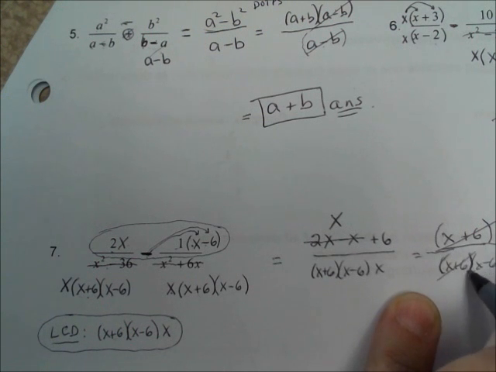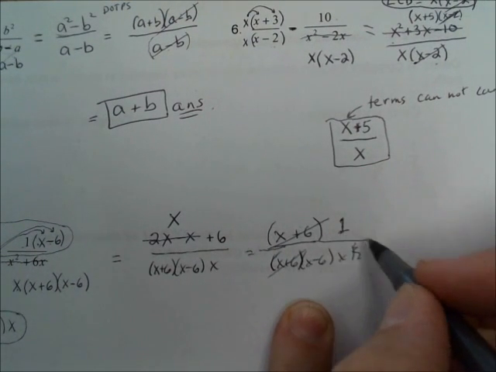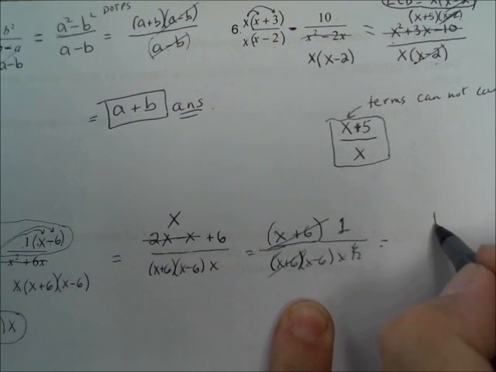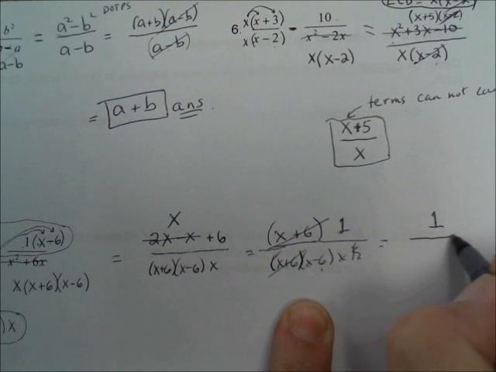It can cancel factor. So when you cancel something out and it's completely gone, you're going to put a 1 in the top. And now what we're left with is a 1 in the top. And in the bottom we have an x minus 6 that's left over and an x that's left over.